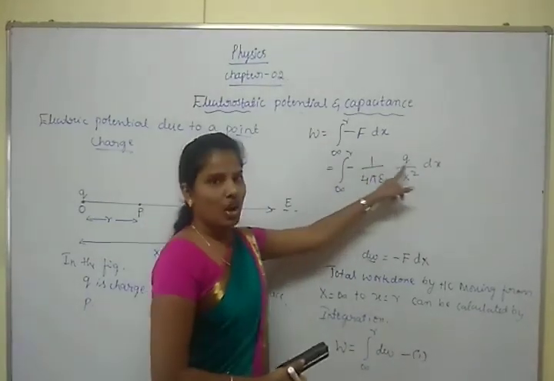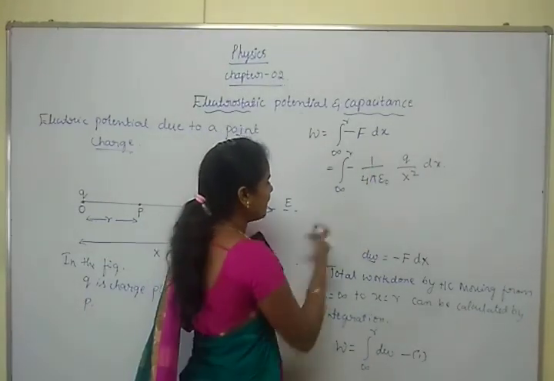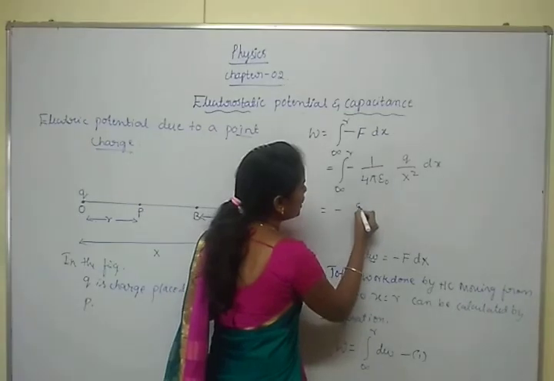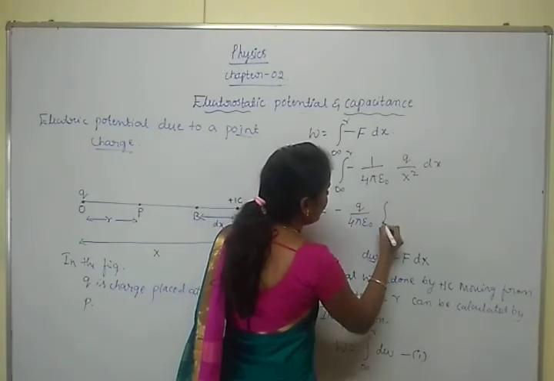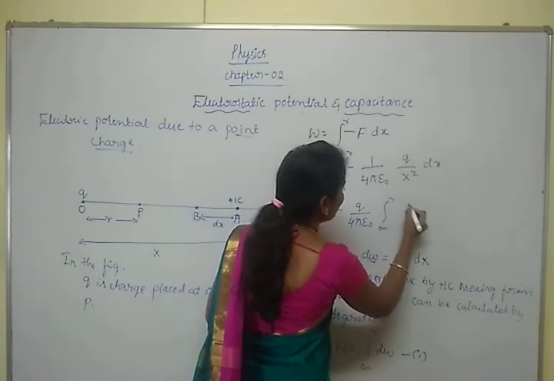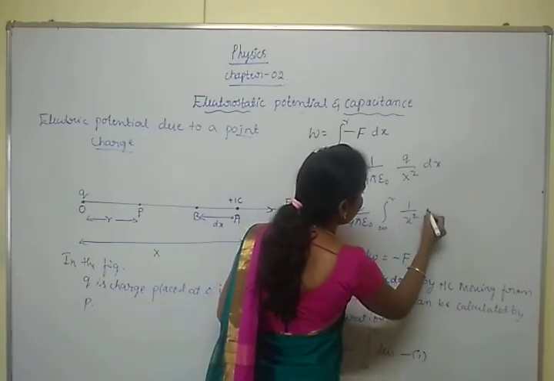These are constants, so take them outside the integral: minus Q divided by 4 pi epsilon naught times the integral from infinity to r of 1 by x square dx.